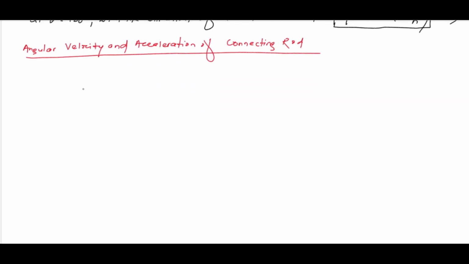So you can write, we have this y from the initial geometry.